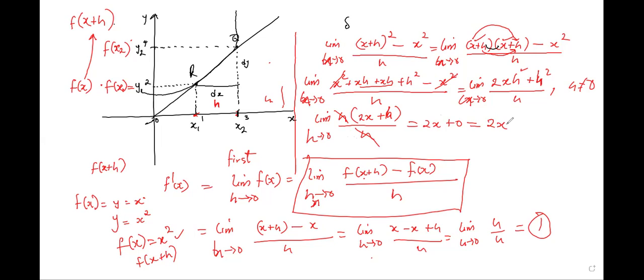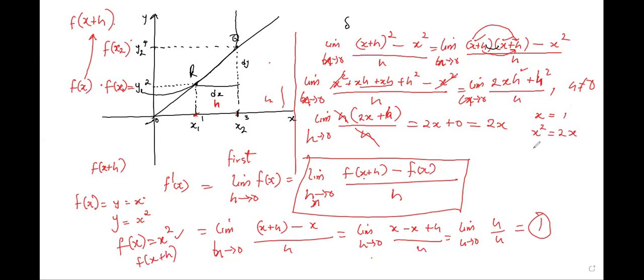Yes, sir. So this is from first principle. Believe me, if you continue, we have done for x, it gave us 1. We did for x squared, it gave us 2x.